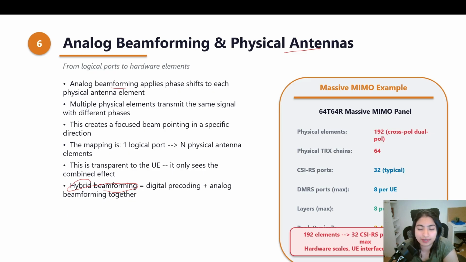Let's just consider a massive MIMO panel with 64 transmit antennas and 64 receive antennas, and so this is just a sample mapping of the massive MIMO physical antennas to CSI-RS ports and DMRS ports and number of layers. This is just a sample mapping.